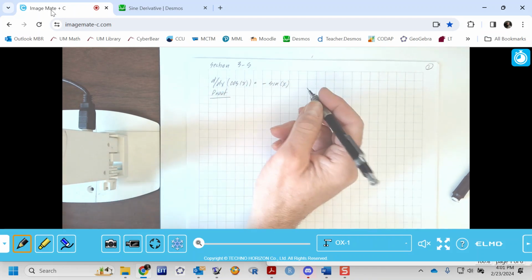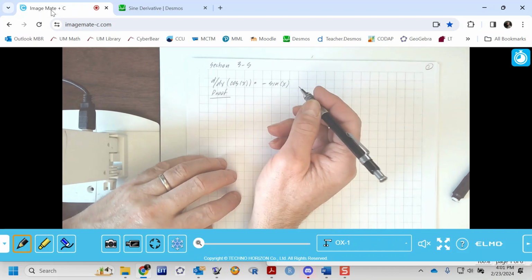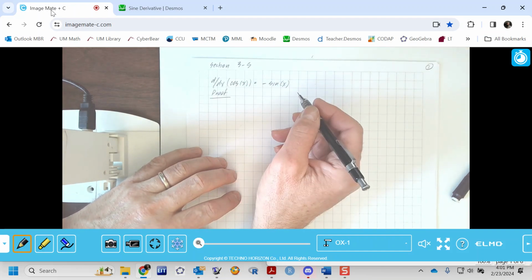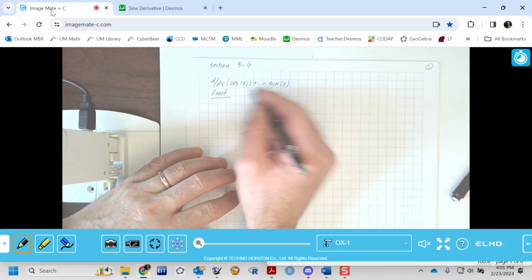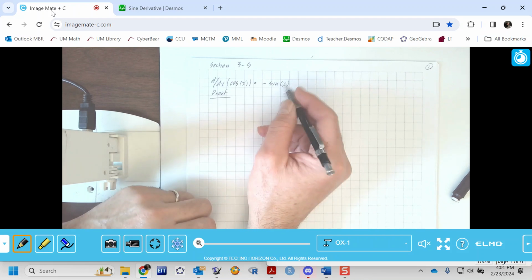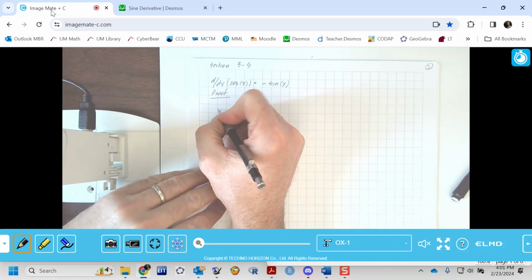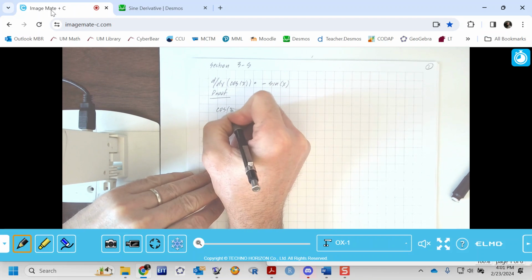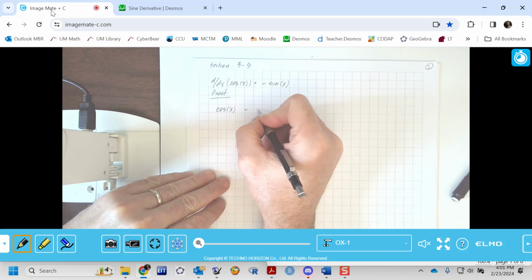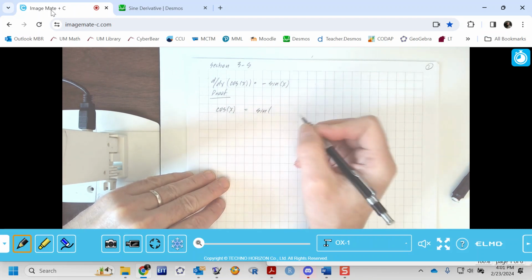Well, let's just think about this a little bit. All we really know, at least in terms of this family, is that the derivative of the sine is the cosine. So maybe the right idea would be to rewrite the cosine of x in terms of the sine of x, right?